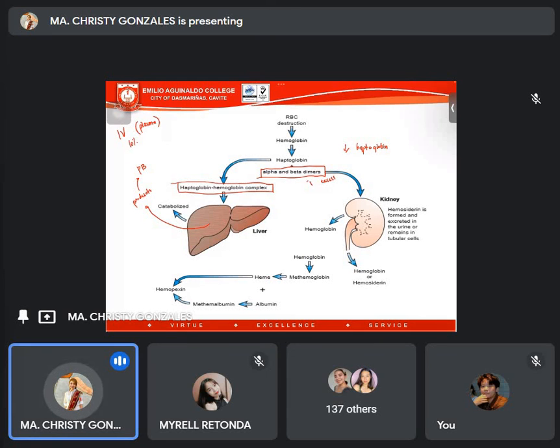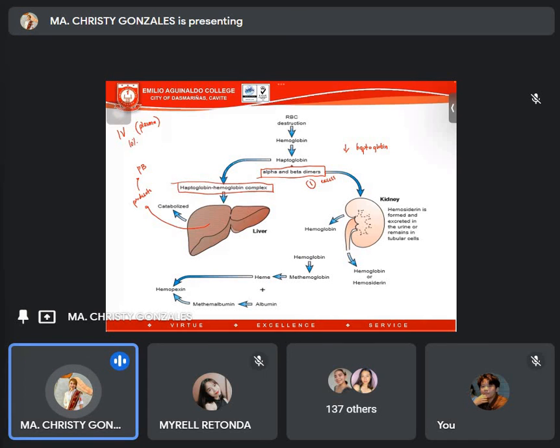What if there is excess? The alpha beta dimer, what will happen to them? It will go to the kidney because it's in the plasma, right? Remember, urine is the ultrafiltrate of plasma. So your plasma will be filtered by your kidney. We don't have a choice, right? So it will be filtered in the kidney.